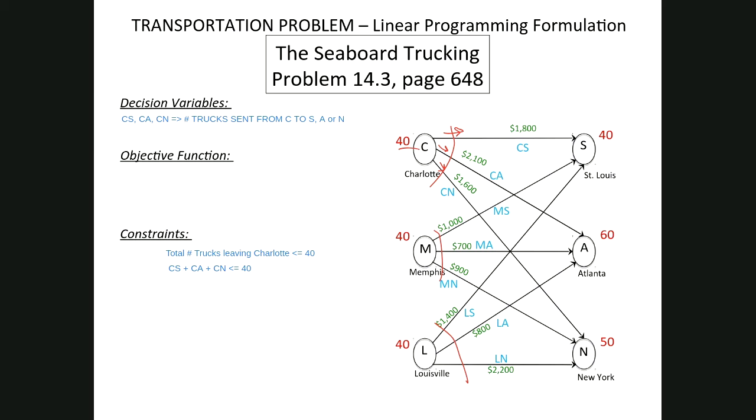And we know that has to be less than or equal to 40 trucks. So now you should be able to ask yourself, where do trucks come to St. Louis from? Well, looking at our diagram, they come from each one of these 3 locations.